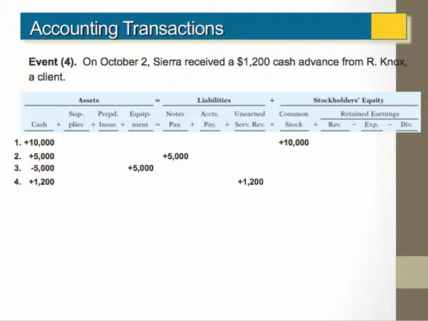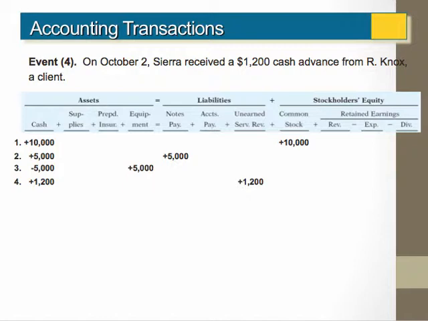Transaction 4, on October 2nd, Sierra receives $1,200 of cash advance from R. Knox, a client. So what's happened here is that we've received $1,200 in cash, so cash has been increased by that amount. Now the question is, what's the other side of the transaction?